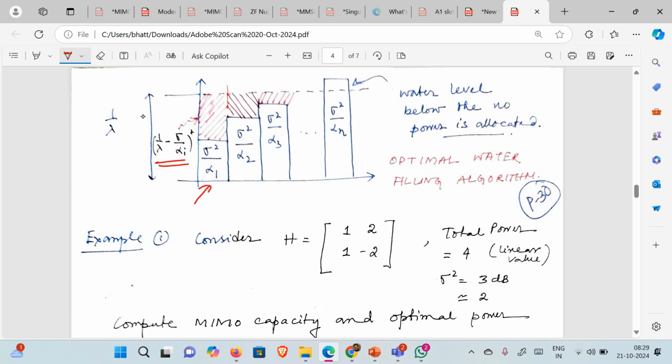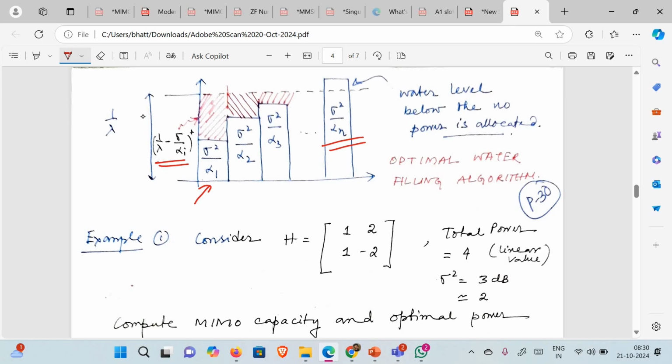When you have the last one, where we are considering that alpha n is the weakest, you don't need any power allocation for that matter, because it is beyond the level that you are setting. So this concept is basically called water level filling. It's basically indicating as if like a waterfall, going from higher to lower like this. That is why it is called the water filling algorithm, nothing else. That is the name of it.